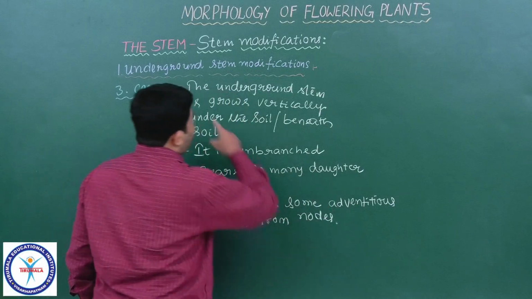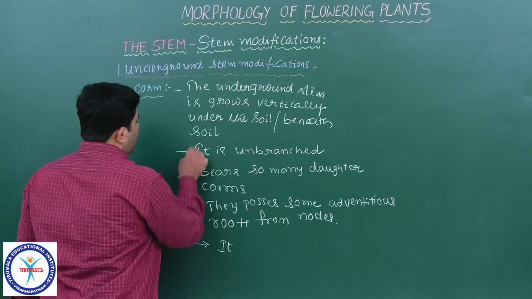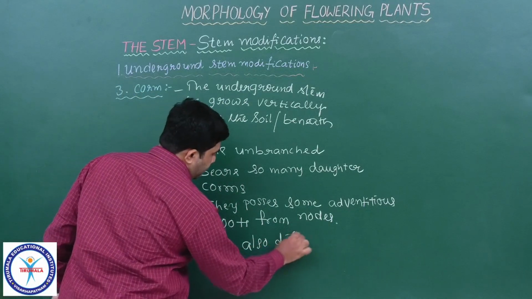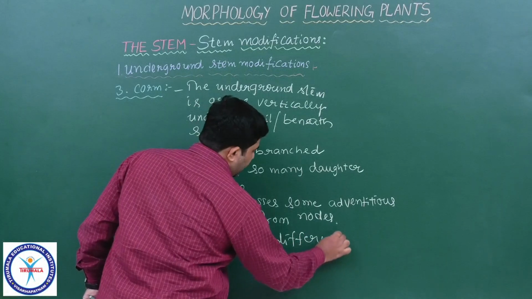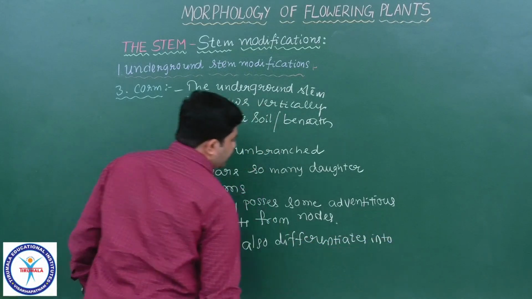Generally it is part of the underground stem, so it also differentiates into nodes and internodes.